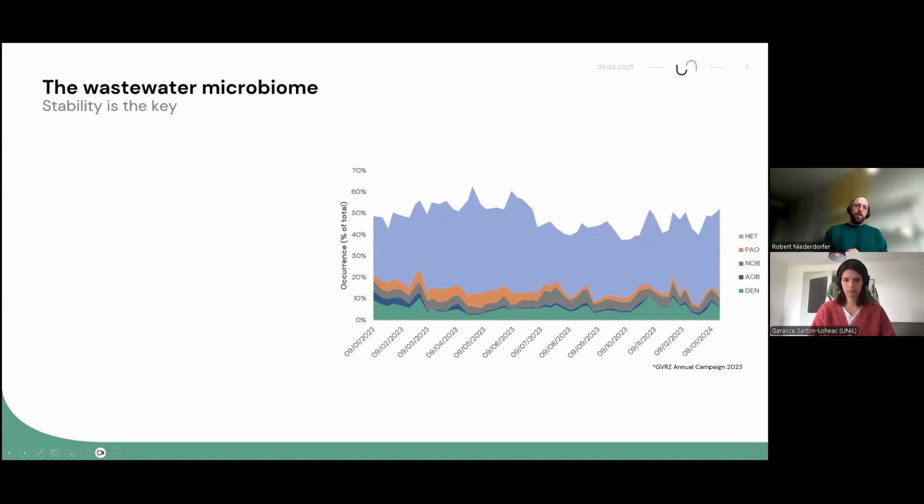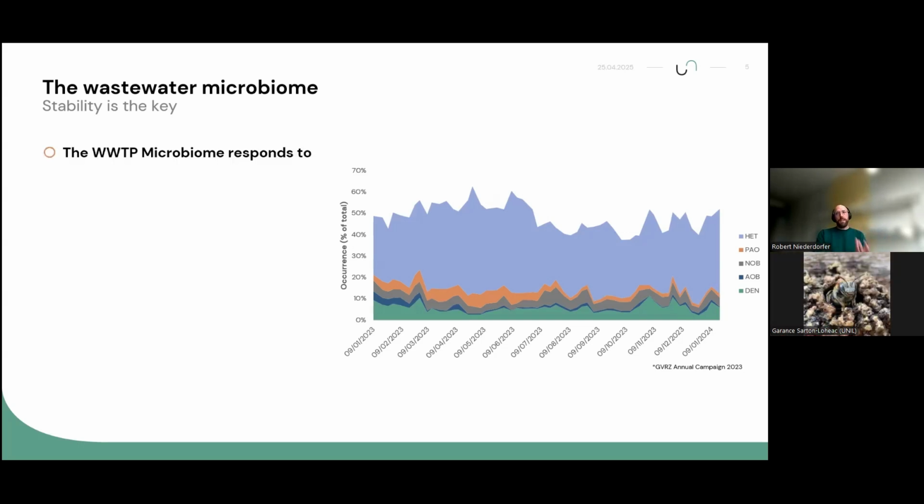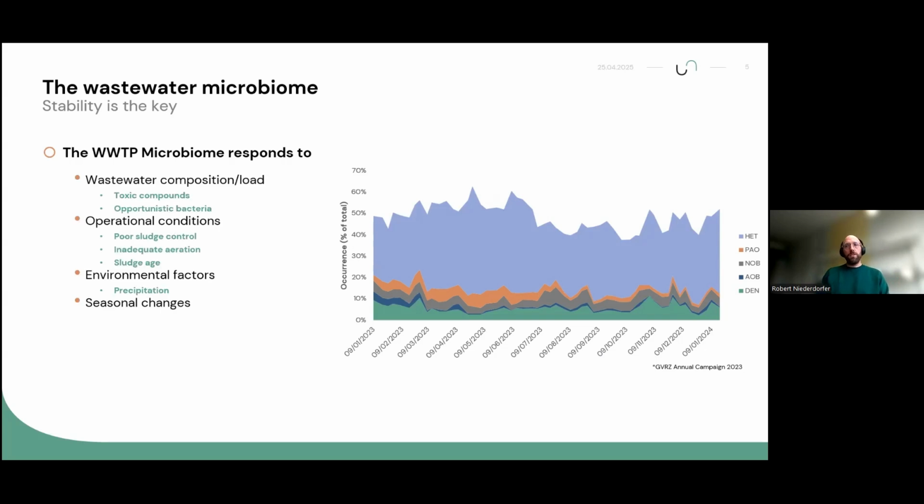With this wastewater microbiome, it is important to understand that stability is the key. If you have a stable wastewater microbiome, everything will work smoothly in your wastewater treatment plant. However, it's like a domino. If one of the stones falls out, it doesn't work anymore really well, because this wastewater microbiome responds to the composition of the wastewater.